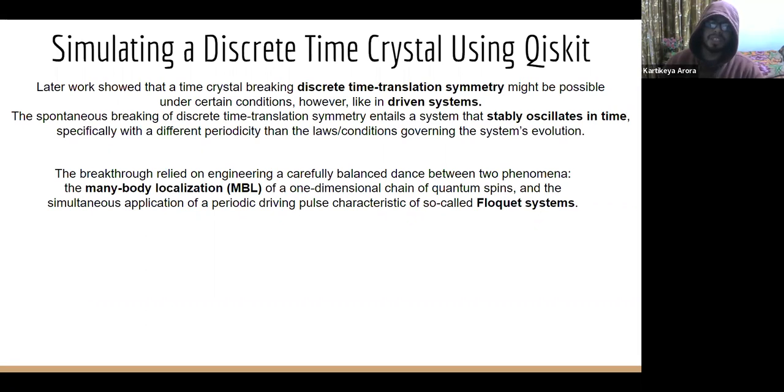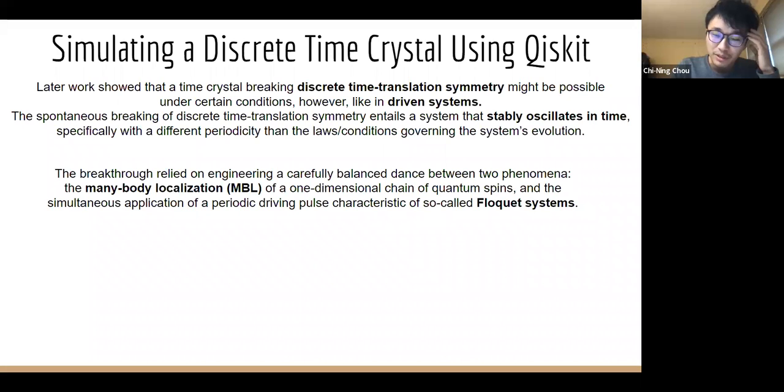Now, breaking discrete time translational symmetry would be that I won't get the same results at any continuous point in time. I would only get the same results at certain discrete intervals. For example, at t equal to 0 seconds, 1 second, 2 seconds, etc. But I won't get the same results at say 0.5 seconds. So that is what is known as breaking discrete time.